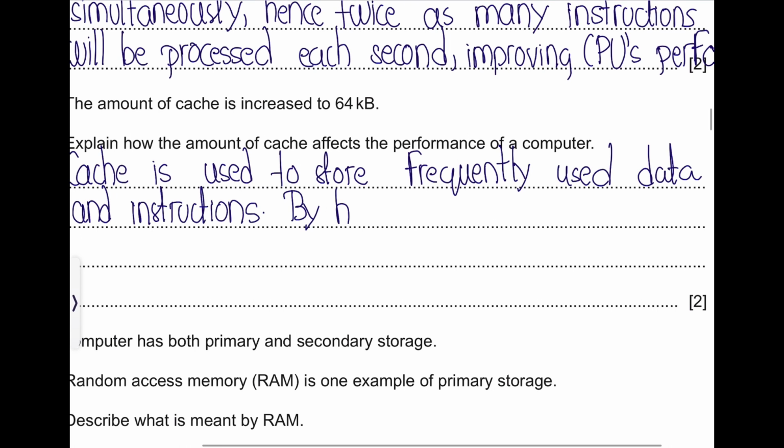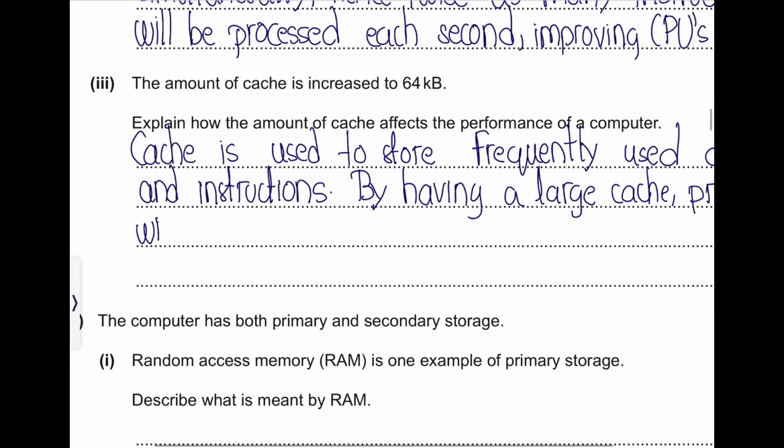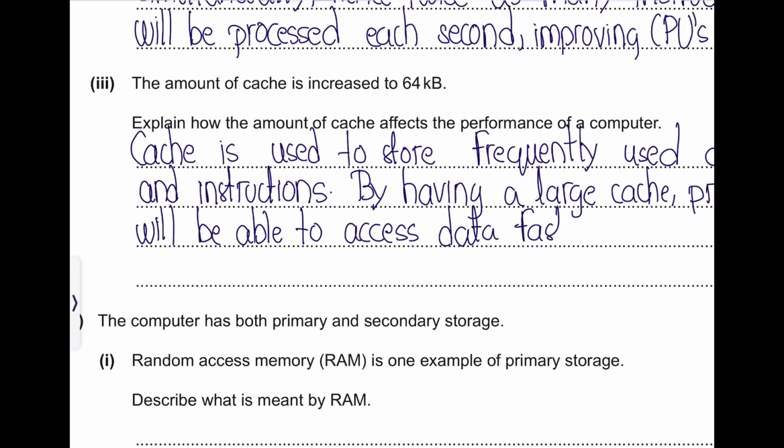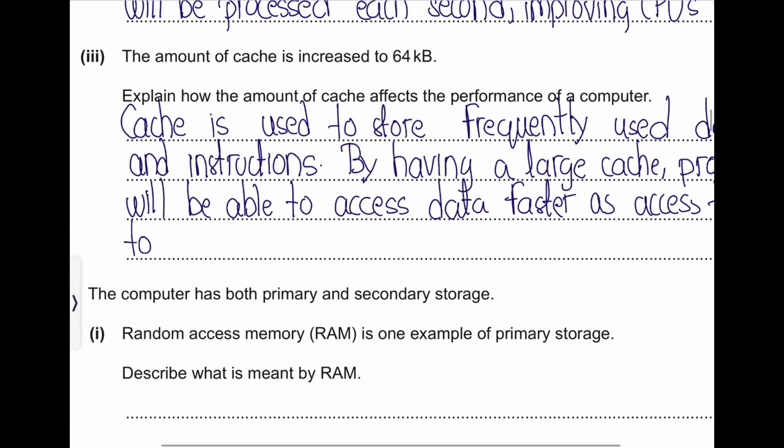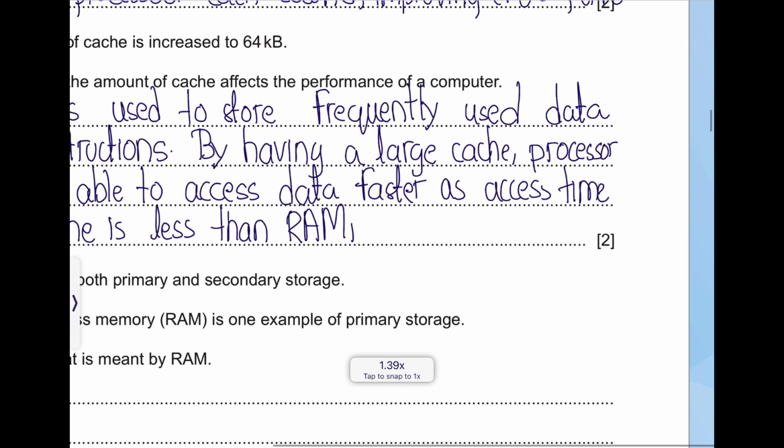By having a larger cache, the processor will be able to access the data faster, as access time to cache is less than RAM. Hence performance improves.